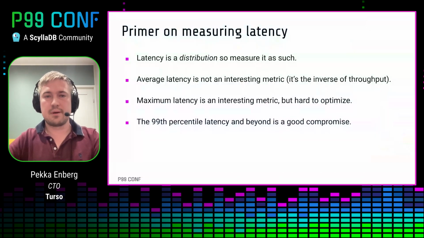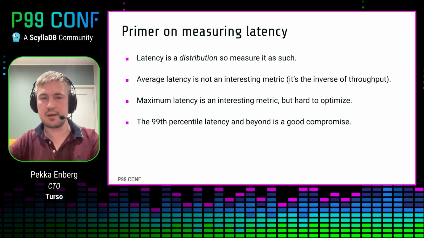Latency is a distribution, and that means we need to measure it as such. Oftentimes you hear people talk about average latency, but it's not really an interesting metric. It is essentially the inverse of throughput. And sometimes you hear people talk about the maximum latency, which is a super interesting metric, but on the other hand, it's extremely hard to optimize, right?